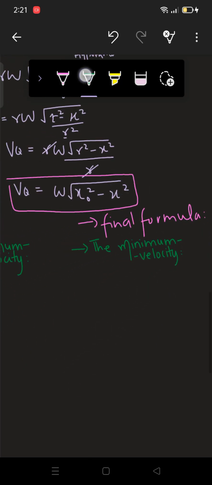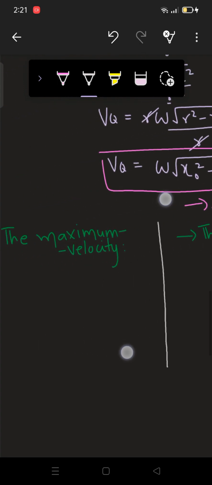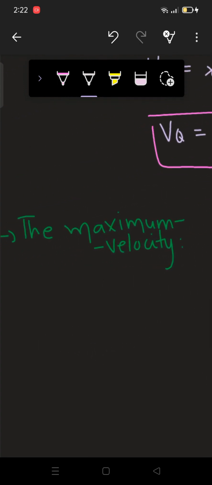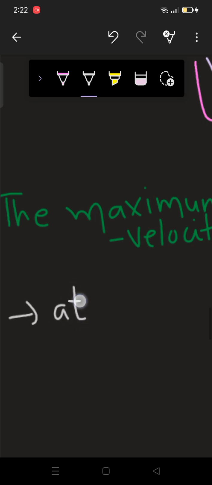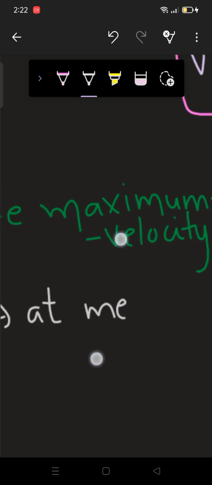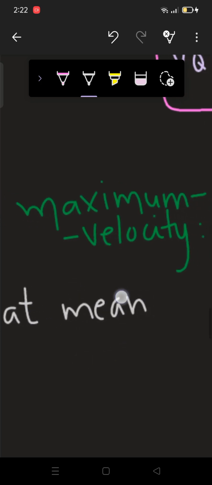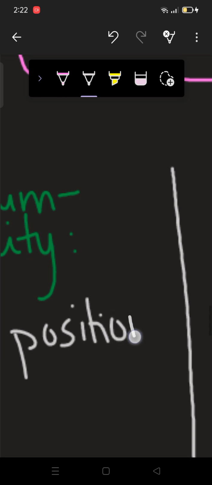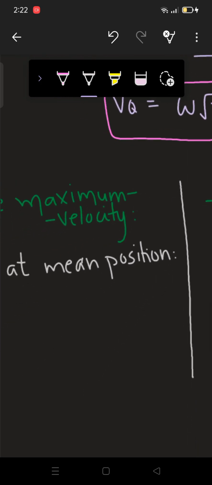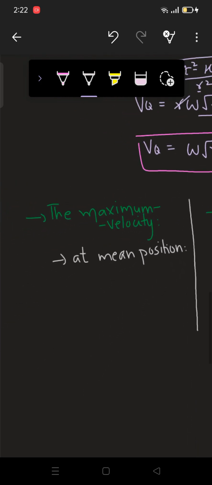Now see where we're gonna have our maximum velocity. We're gonna have our maximum velocity at the mean position.